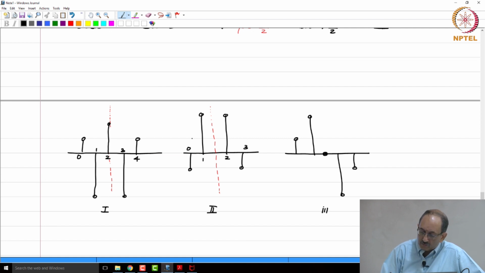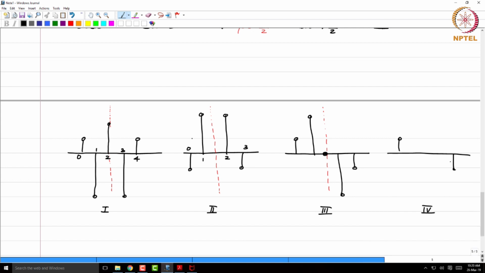So, this is type 3, and this is the point of symmetry, and type 4 is again odd symmetric, and the point of symmetry similar to type 2 is an imaginary point in that it falls midway between samples.